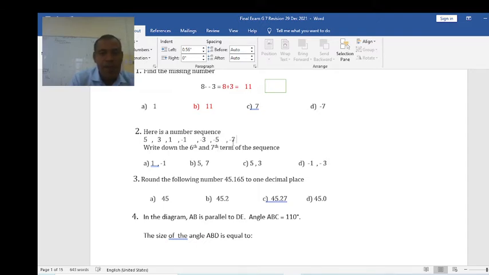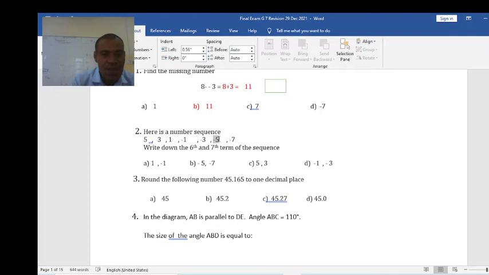So the correct answer, write down the 6th and the 7th. So 1, 2, 3, 4, 5, 6, 7. So just write here minus 5, and here minus 7. This is the first term, second term, third, fourth, fifth, sixth.